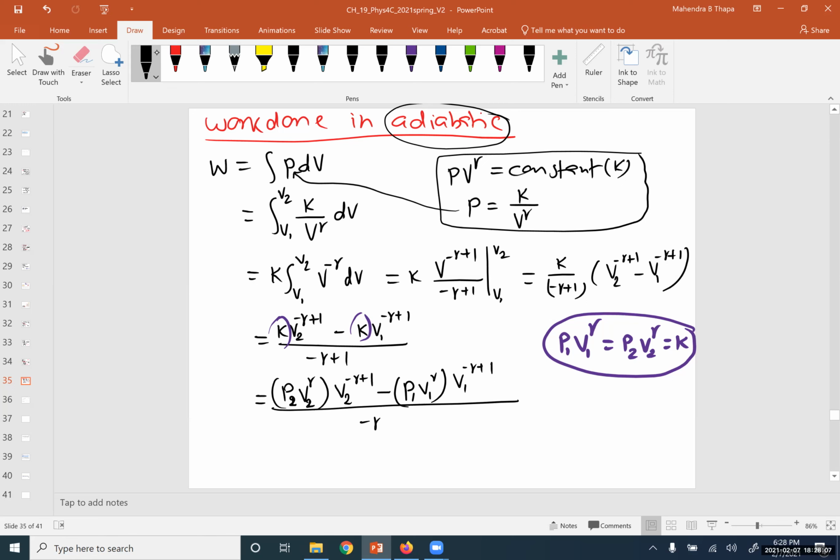Okay, so if we simplify that, you will get this will be P2 V2 minus P1 V1. So basically I'm simplifying this equation as far as possible. Let's do the further simplification.